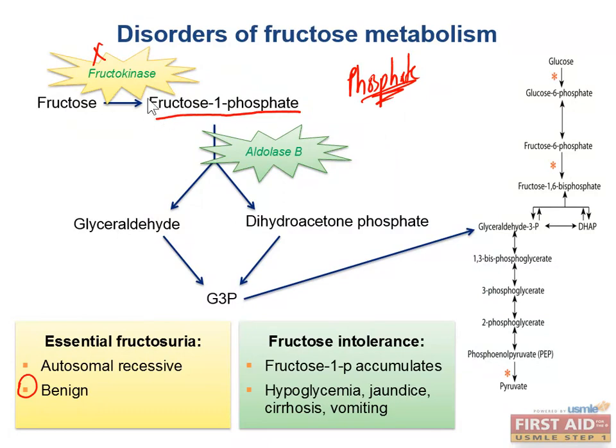So we're using up all of our phosphate stores to phosphorylate fructose to trap it in the cell, but once it's trapped in the cell, it has nowhere to go. It can't get broken down further. Without glycogenolysis, or the breakdown of stored glycogen, or gluconeogenesis, which is the formation of new glucose, fructose intolerance causes hypoglycemia, or low blood glucose levels.